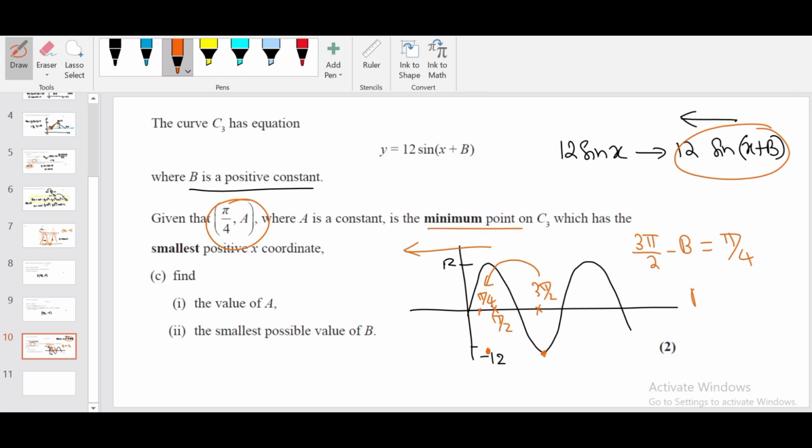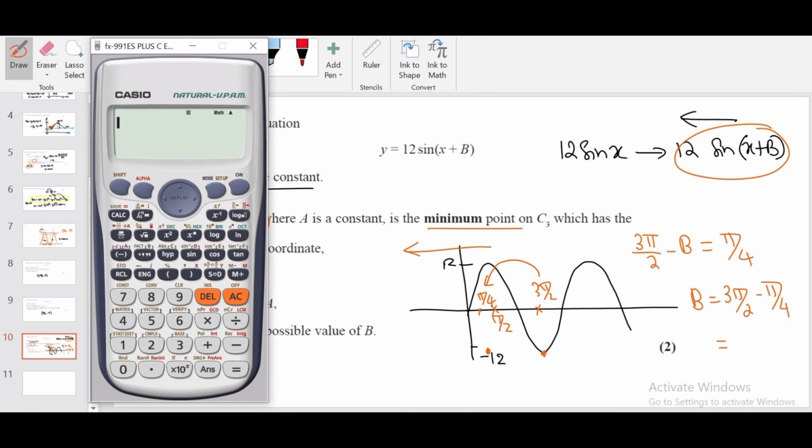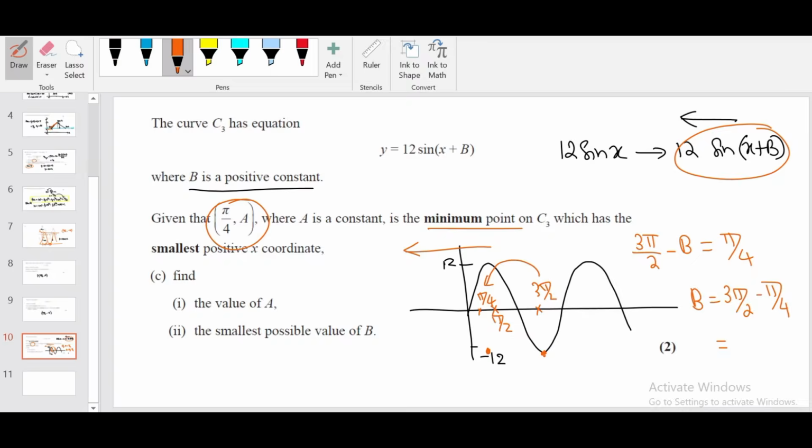So calculate b: 3 pi over 2 minus pi over 4. So 3 over 2 minus 1 over 4, which is 5 over 4, 5 pi over 4. That's the value of b actually. The value of b is 5 pi over 4. The value of a is the y coordinate, which is just minus 12. That's all.